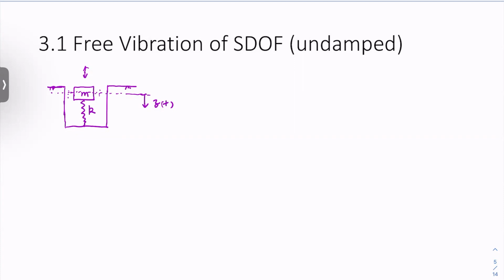So if we look at this mass, because there's no external force, right? Because we push it down, give it an initial displacement, and boom, we let it go, right? And during this process, what is the driving force?